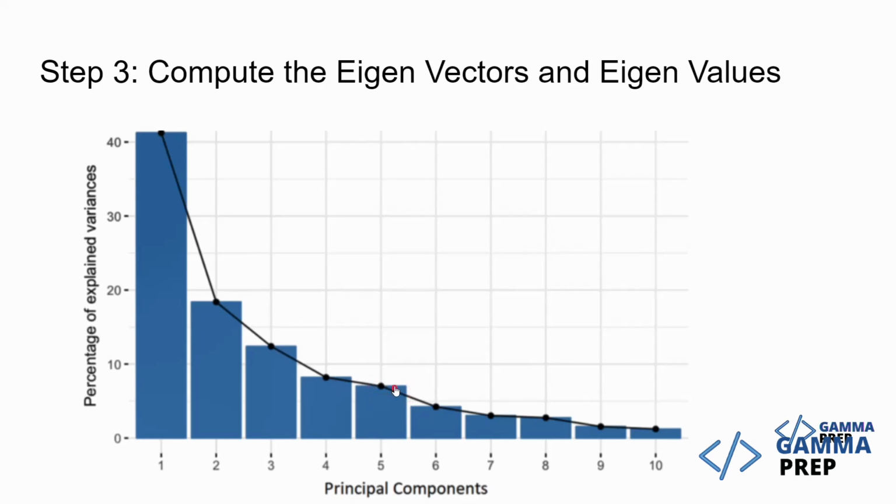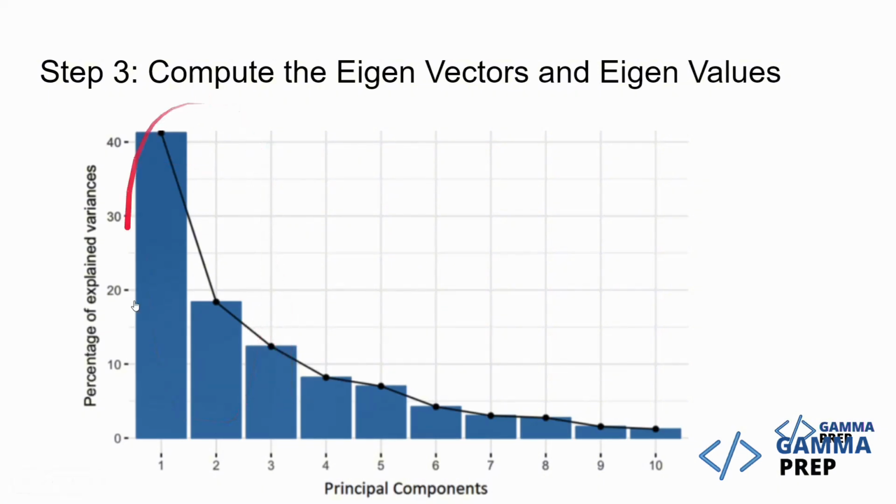So let's say you need 70% information of the data, if you are trying to build a model with 70% of the information and variability of the data, then how many principal components do you need? You obviously need the first one because it carries 40% information. The second one carries 18%, which is a total of 58%, and this carries around 12% information, so it's approximately 70%.